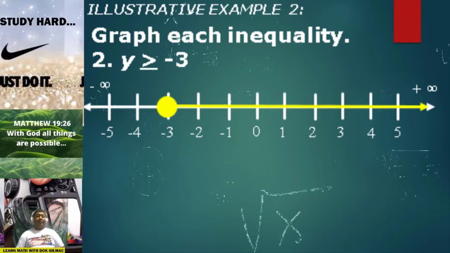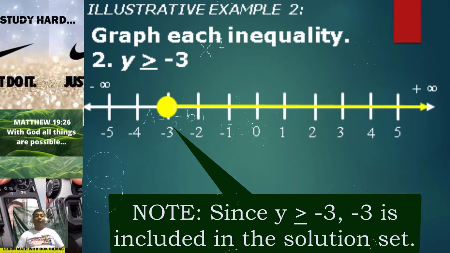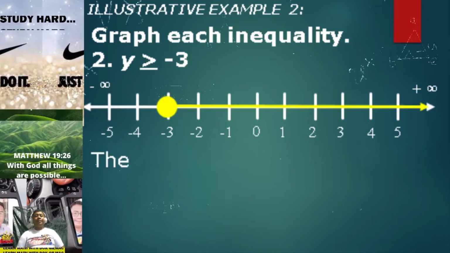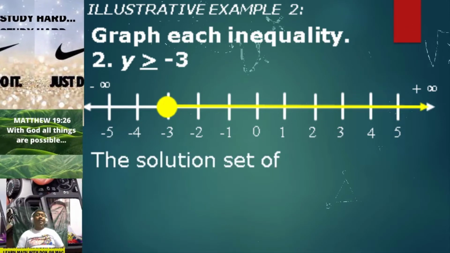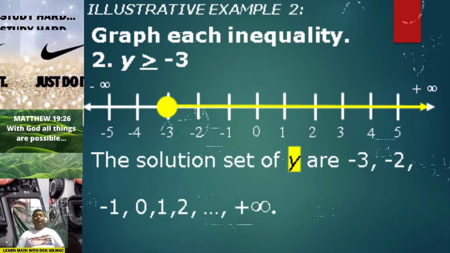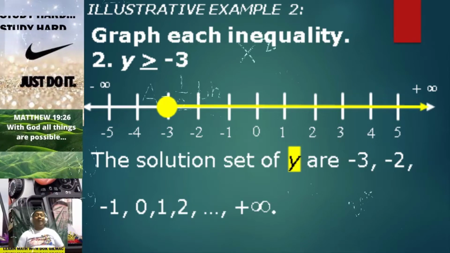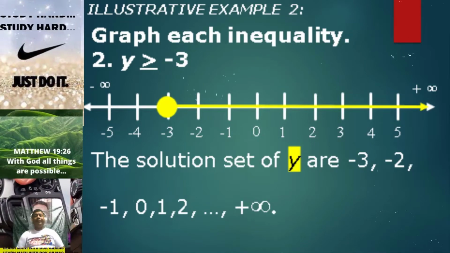Since y is greater than or equal to negative 3. Hence, the solution set of y are negative 3, negative 2, negative 1, 0, 1, 2, up to positive infinity.